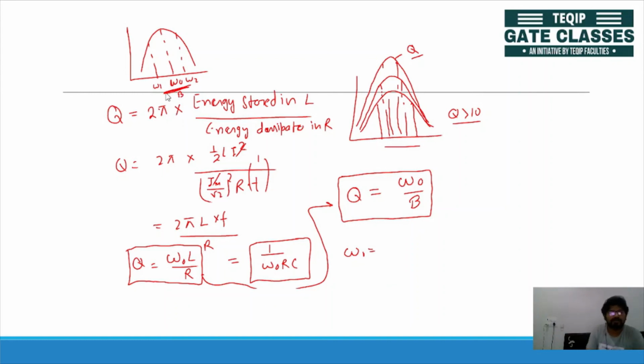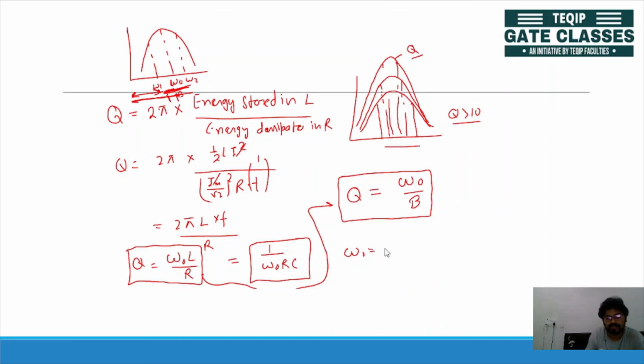Okay, so what will be the value of omega 1? It will be omega naught minus half of the bandwidth. So if you want to calculate omega 1, you have to subtract this half bandwidth from omega naught.